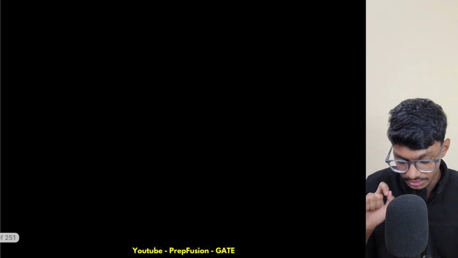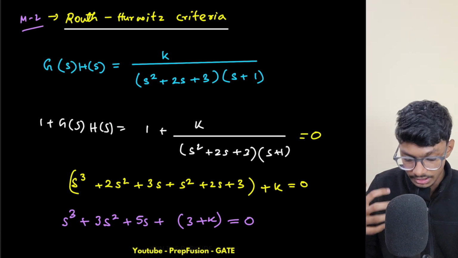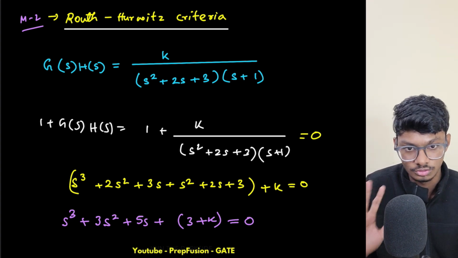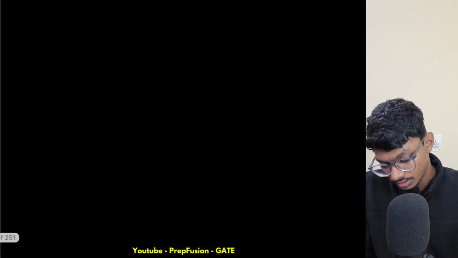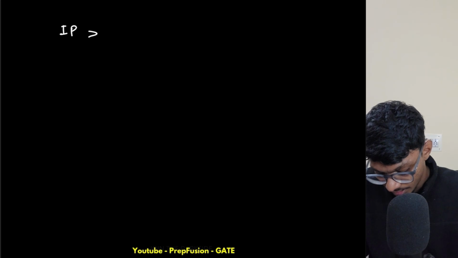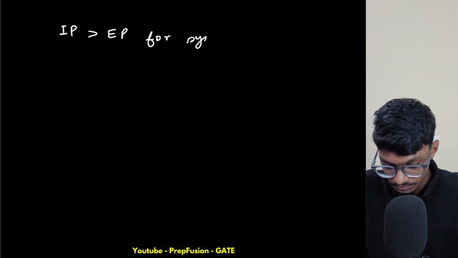characteristic equation is, and from here this is basically telling me about the closed loop poles of the closed loop system. So now we can use a shortcut. What is the shortcut? The internal product should be greater than the external product for system stability.